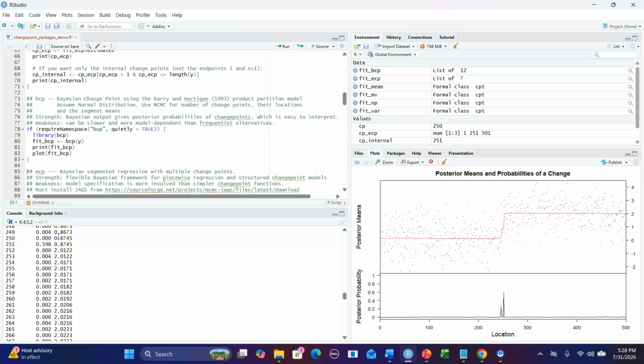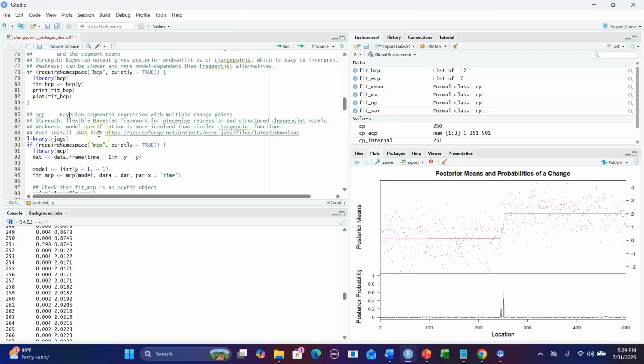That's a huge spike in the posterior, so 251 is the change point. On the right-hand side you can see the graphs. It shows the original data and the fitted line showing the mean shift, and the bottom plot shows the posterior probability of change points.